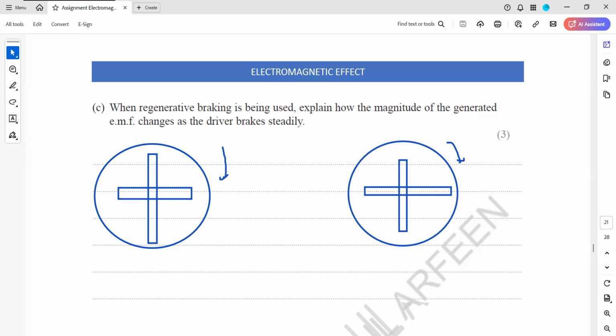So as a result, what will happen? The induced EMF will also decrease. But how to score the marks? How will we get the marks for this question, as it is 3 marks?